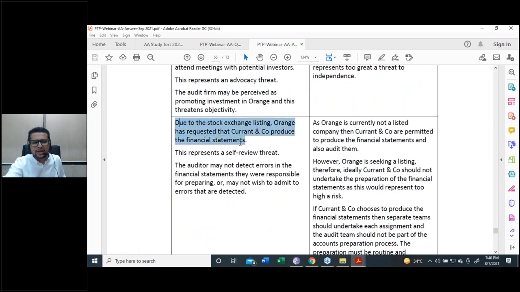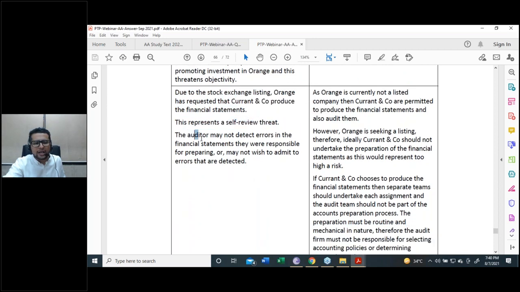So read this. Due to stock exchange listing, Orange Company has requested, okay, fine. This creates a self-review threat. The auditor may not detect errors in the financial statements they have prepared, or they may not wish to admit the errors. So there are two things you need to explain. A, Ahmed might not be willing to admit his mistakes, or maybe Ahmed might not be able to identify his mistakes, because usually people can't realize their own mistakes, right?